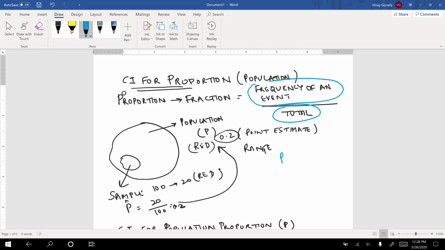If it is a population proportion P, it's x over capital N, the size of the population. If it is for a sample, p hat is x over small n, where the sample size is represented by small n.